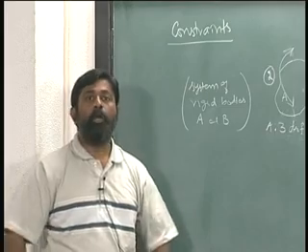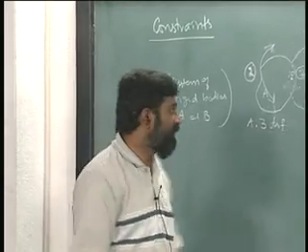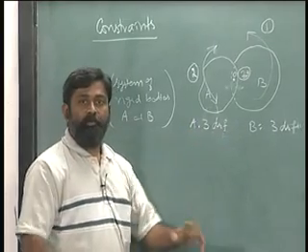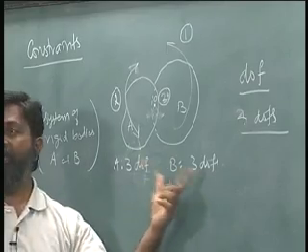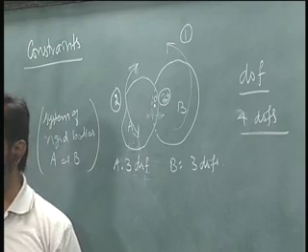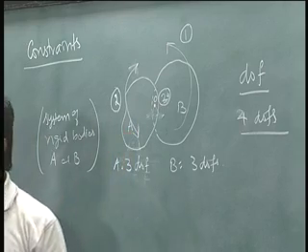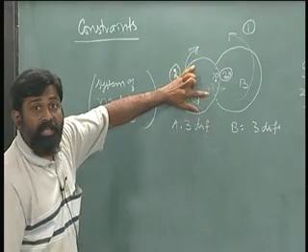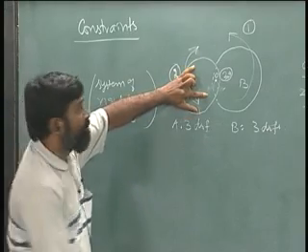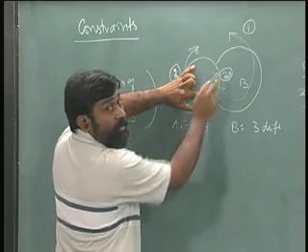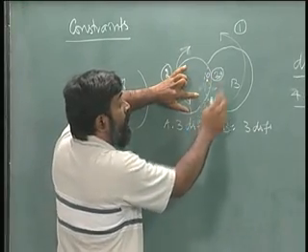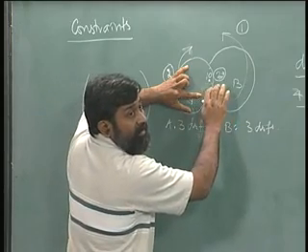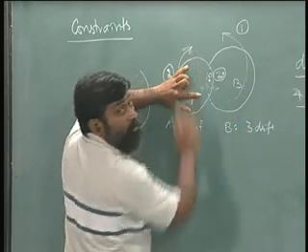One other way of understanding is this: body A can go through 3 degrees of freedom independently, B can go through 3 degrees of freedom independently. If this constraint were not there, what does this constraint do? Supposing I fix this body A to the fixed frame of reference, then this particular point arrests the motion of this body from translating at this point O in x or y direction.